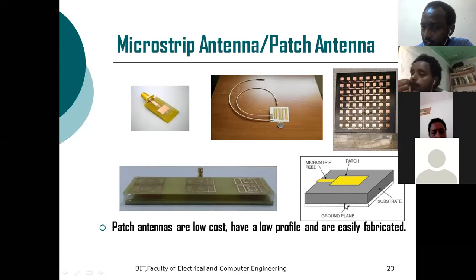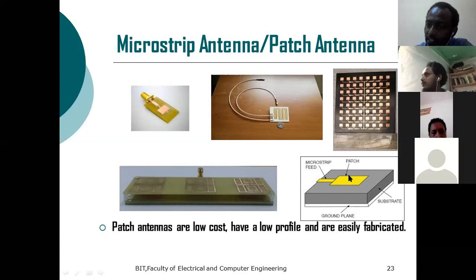This is a substrate, you see? This is a ground plane. So it's like a type of cavity-like structure, you see? This is a source. This is a ground plane. This is the substrate, which is like the dielectric in a capacitor. So here we have the microstrip feed.